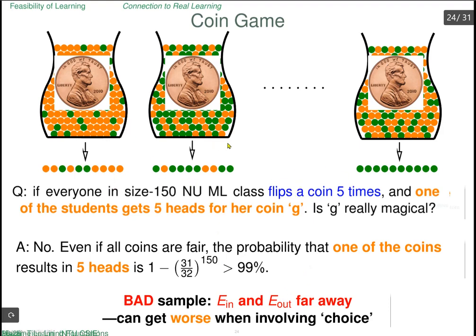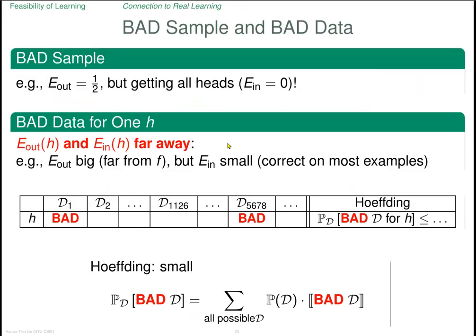This is also a problem related to selection bias, which involves choice. So we will have such bad samples, and also bad data. For instance, our in-sample error for the selected hypothesis is perfect, all 0, however out-of-sample error is 0.5, one half. So bad data will contain a lot of bad samples for one selected H.